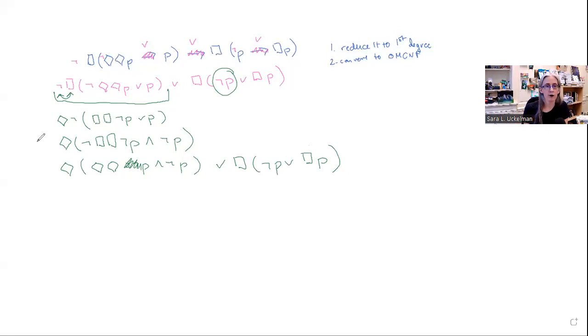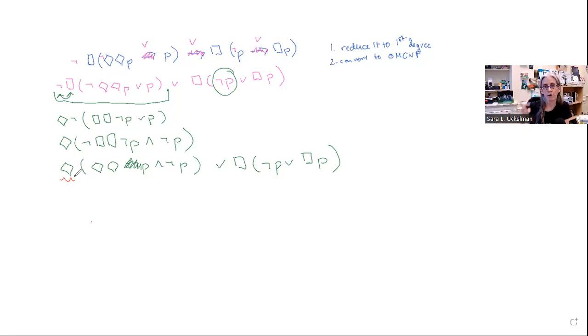Now we want to distribute the modalities, and we've only got the one that we need to worry about. It's this one here on the outside. Distributing a modality generally can't be done over a conjunction, you remember, because while possibly P and Q does imply that both of the conjuncts are possible, you can't go the other way around, and we need to have equivalences, not just implications.